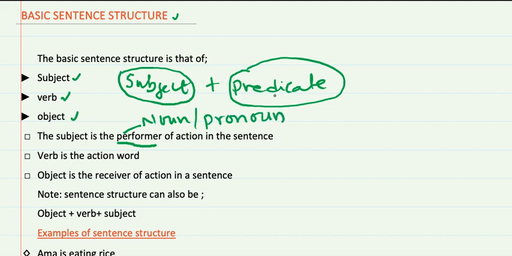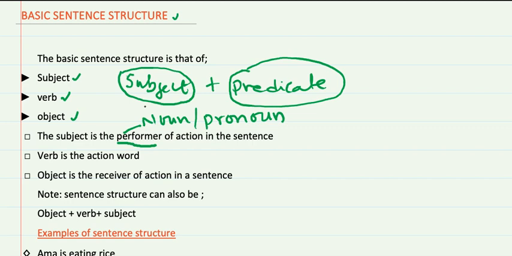So when we are writing any sentence, the simplest form is that we need to start that sentence with a noun, which is the performer of action in a sentence.